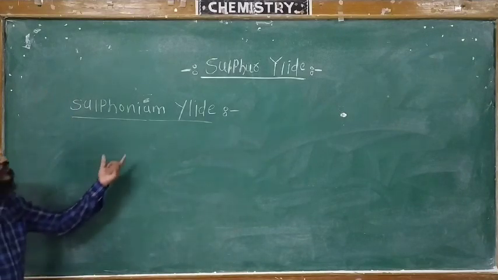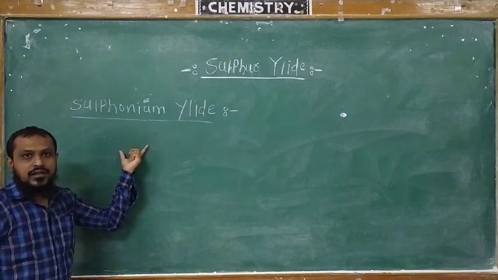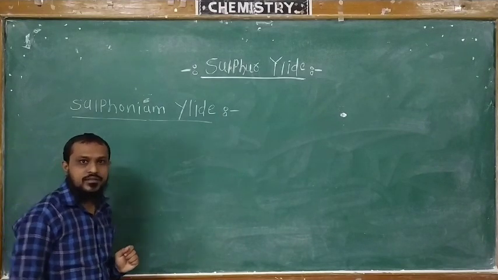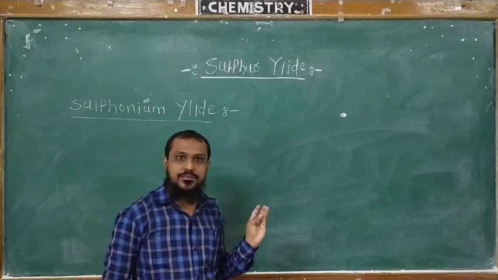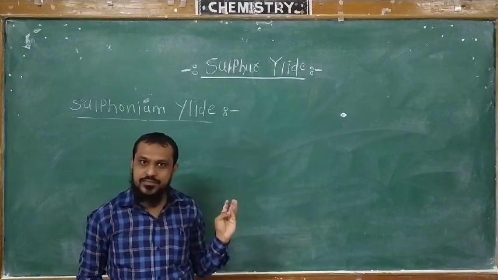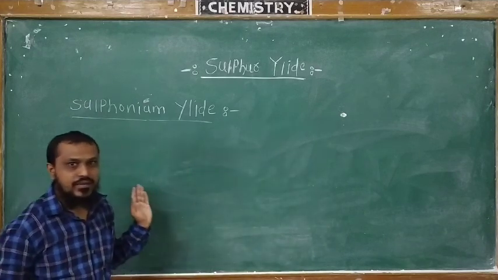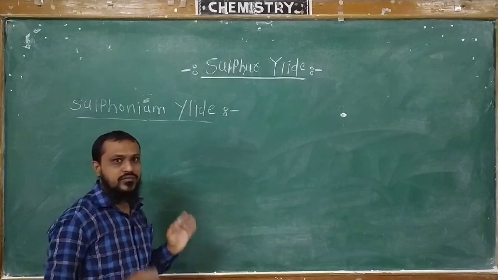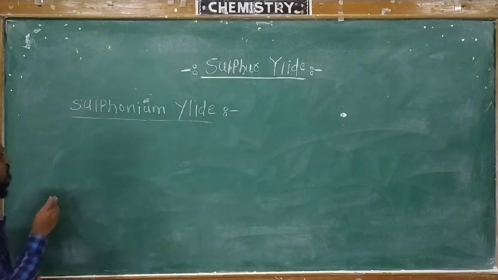The preparation of sulfonium ylide consists of two steps. In the first step, salt is formed, and in the second step, the final product sulfonium ylide is formed. We will see both. Now the first step is formation of salt.